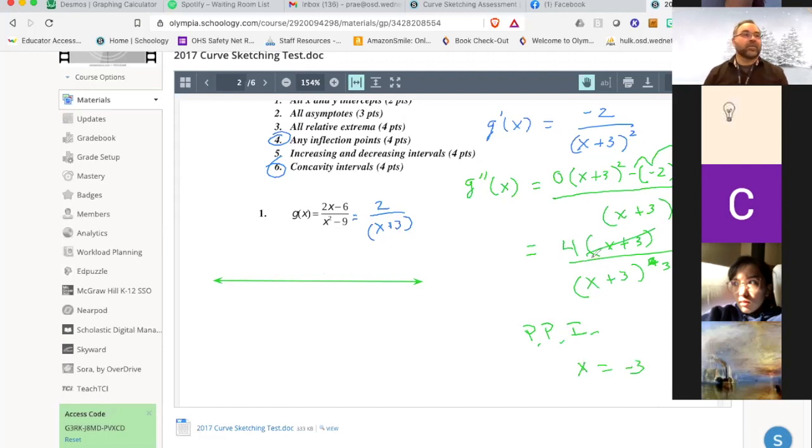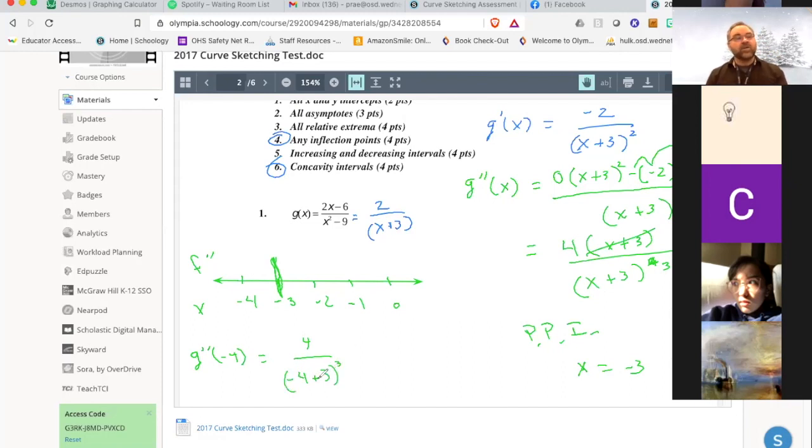Okay. Well, it's not really an inflection point, is it? Because I know that's the vertical asymptote. I just need to figure out the concavity behavior on either side of the possible change that happens at the asymptote. So what is the sign of f double prime of x? Well, this time the denominator is cubed, so it does change sign, right? If you find g double prime of -4, you get 4 over -4 plus 3 quantity cubed.